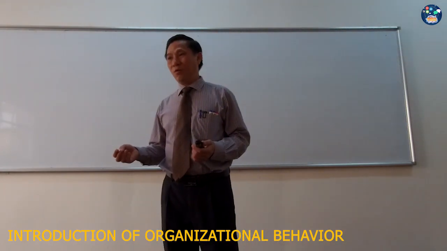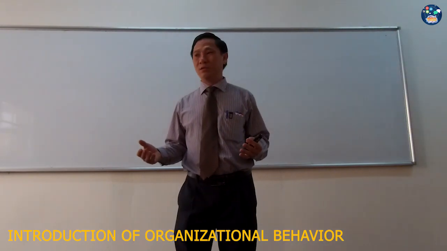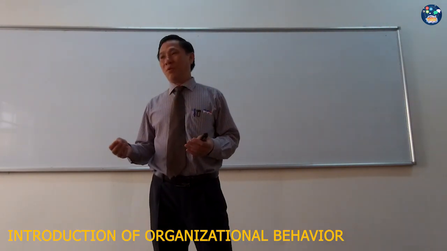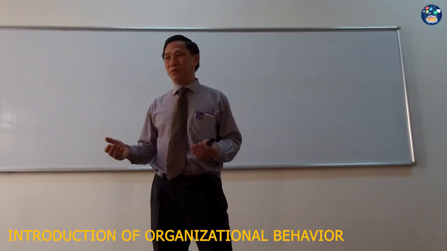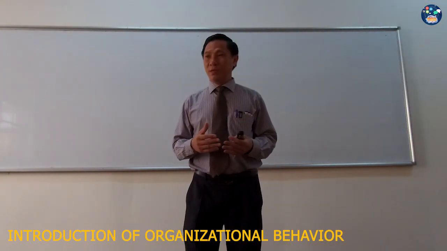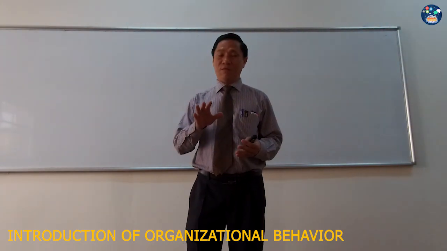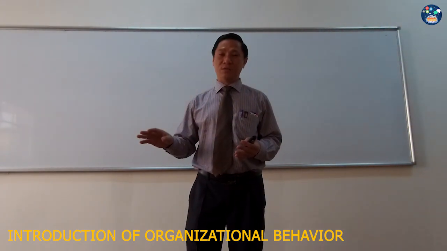Chapter 4 is about emotions and moods. Chapter 5 is about personality and values. Chapter 6 is about perception, individual and decision making. Chapter 7 is about motivation concepts. And chapter 8 is about motivation from concepts to applications.